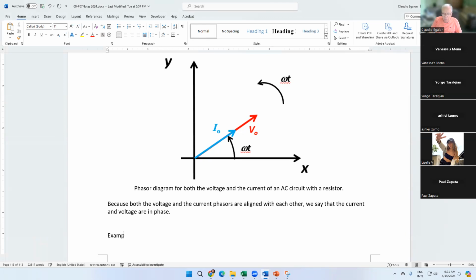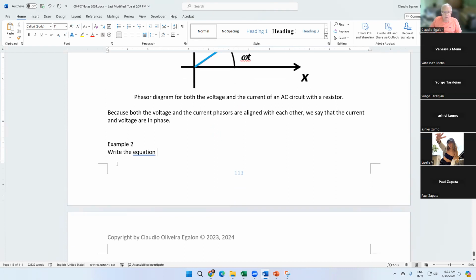Now, example 2. Use the Kirchhoff loop law to find an equation for an AC circuit that contains only a capacitor.